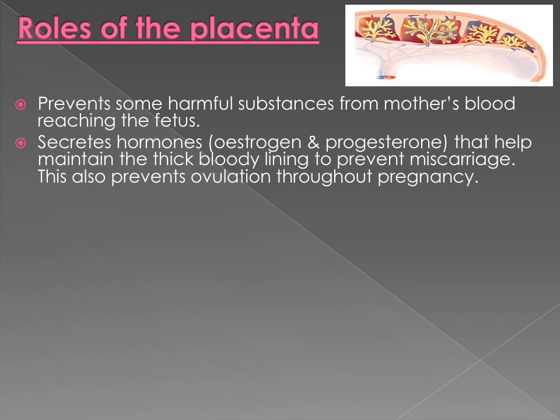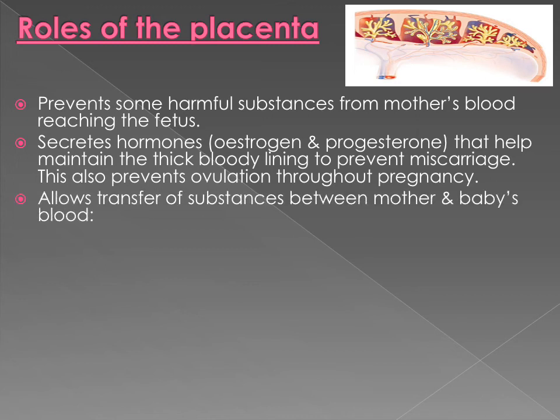So instead of the follicle doing the job of production of estrogen and progesterone, as soon as the placenta is big enough, it starts to produce its own hormones. Also, this prevents ovulation so that no more eggs are produced. It's a waste. Why should we produce more eggs? We are now pregnant, so there is no need to have more eggs to become mature.